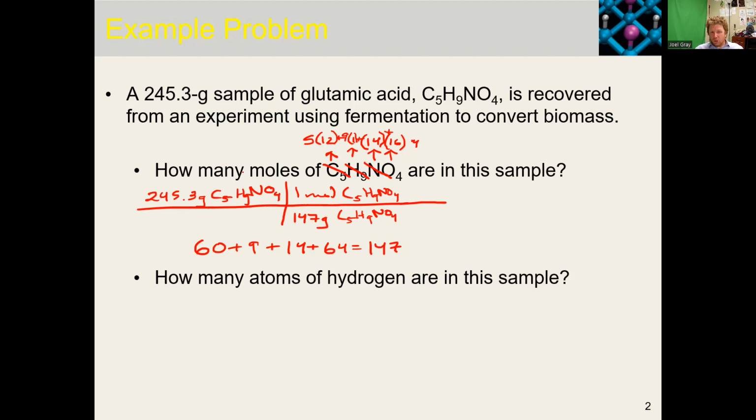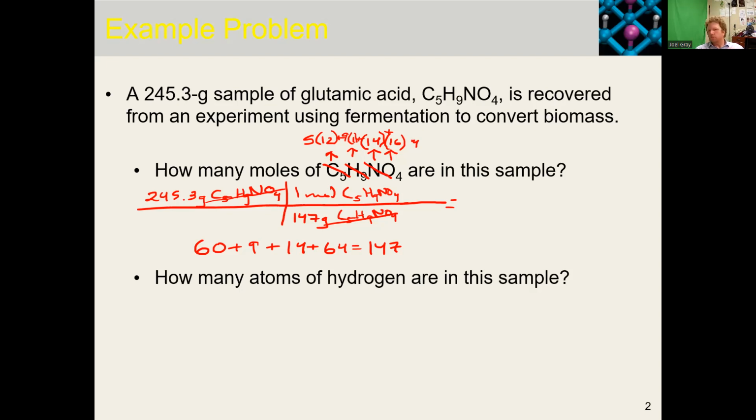Okay, this question is asking for a number of moles. And you know what? Grams of the C5H9NO4 cancel out. We're left with moles. So all that we need to do is take 245.3. And think about this before we do any sort of calculation. If 1 mole of this substance is 147 grams, and we have 245 grams of it, do we have less than 1 mole?